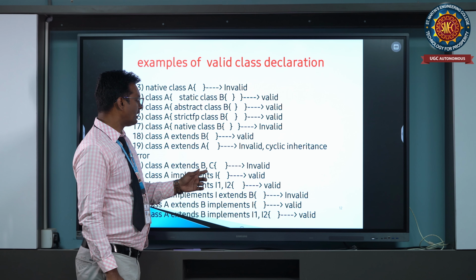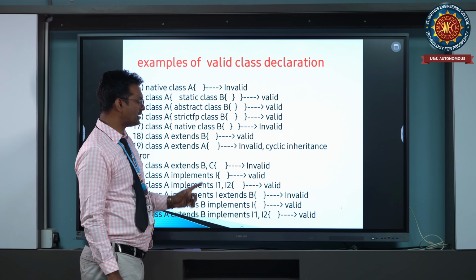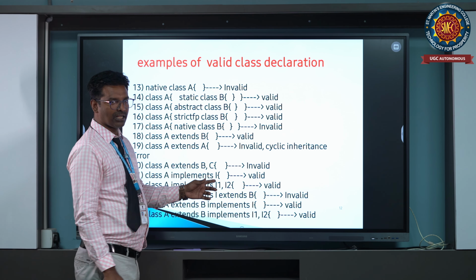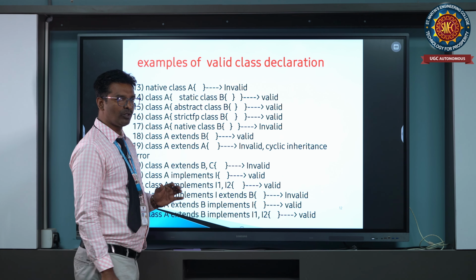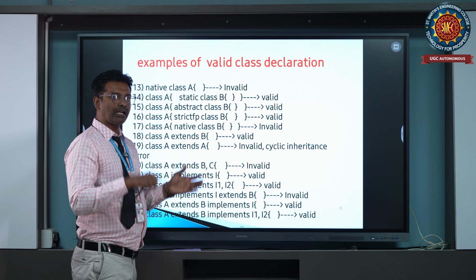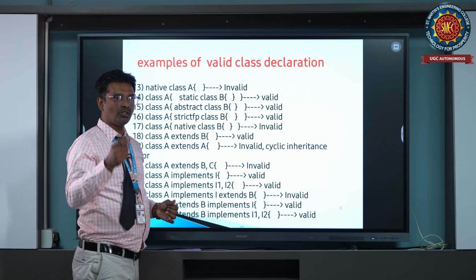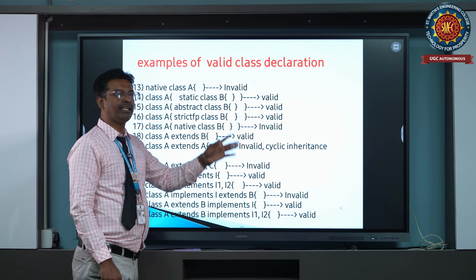Here you can use any number of interfaces. Here I am using only one interface, I, which is valid. Suppose I implement more than one, I1 and I2. It is also valid. Suppose I want to use a superclass as well as interfaces: first you have to extend the superclass, and after that implement the interfaces.